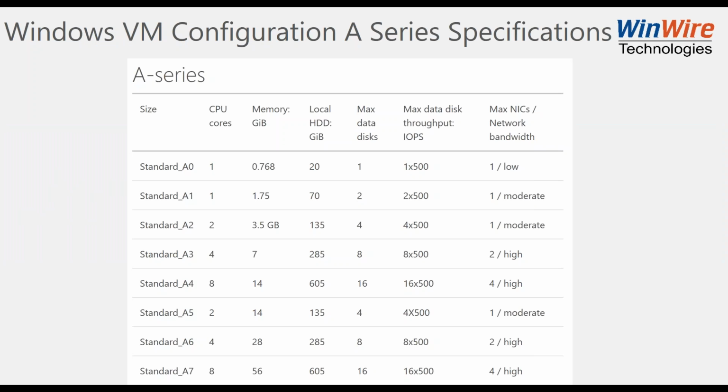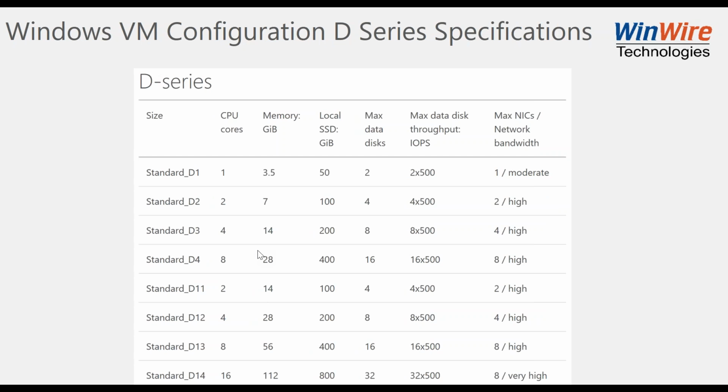Okay, A series is where you're going to want to start, and you can see some of the different memory configurations that run down. The D series, that's the first of the enterprise machines.